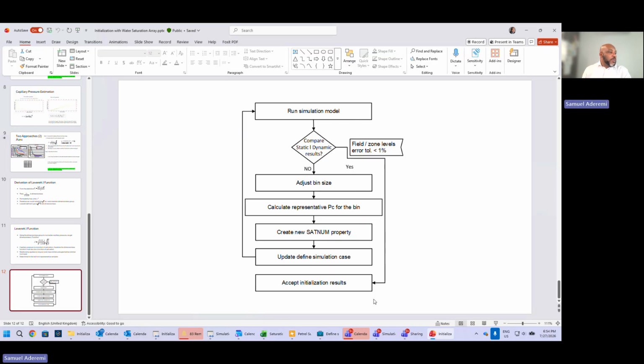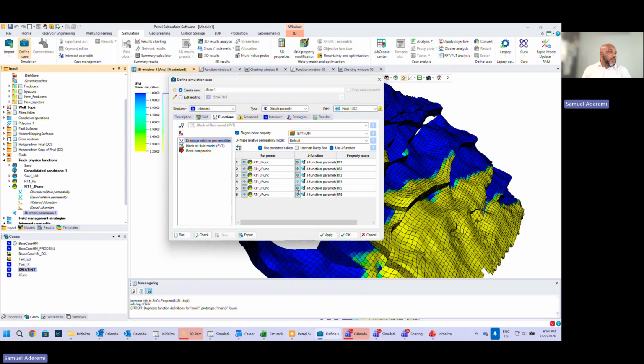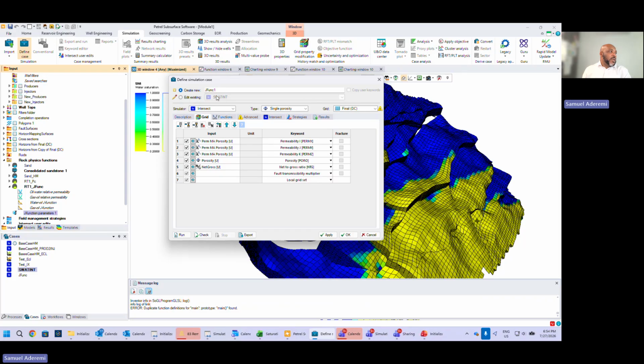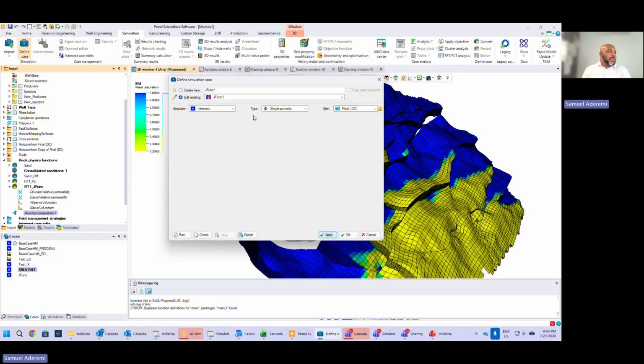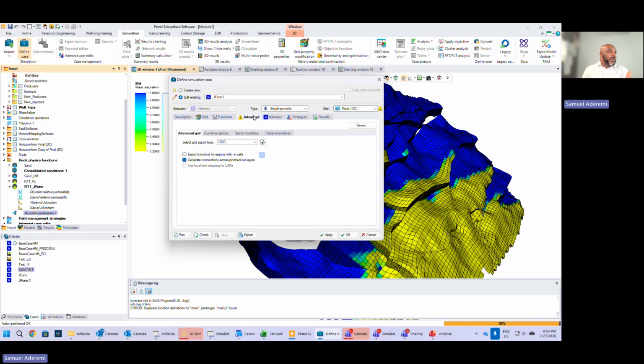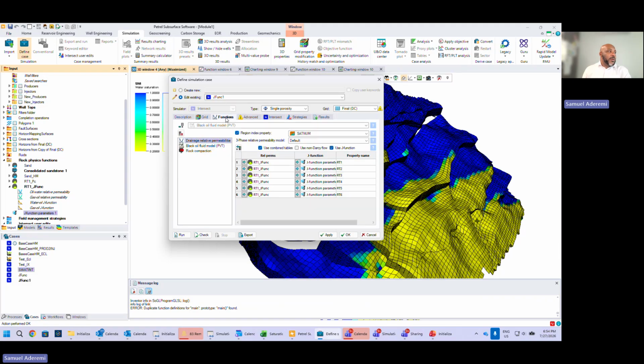So with that, we've come to the end of this section. Don't forget the 2 approaches that we've discussed today. Either you use the J-function, whereby you wouldn't need to append the water saturation array, because the parameters of the J-function already reflect the Brooks-Corey parameters that you have used, or depending on how the water saturation array has been modeled for you.